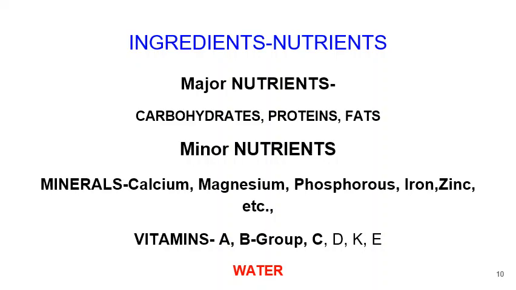Vitamin A, vitamin B is a group of vitamins required for us. Vitamin C comes from the plant, vitamin D, vitamin K, and vitamin E. Vitamin D mostly comes from the sunlight. That is naturally we get it from there. And the other ingredient is water. All these are 6 nutrients that you should remember for your examination.